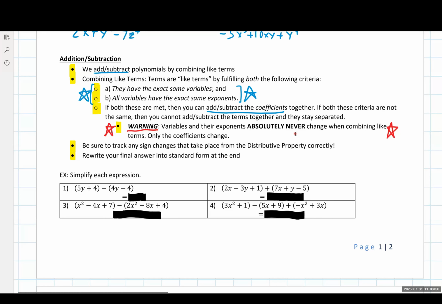Now, the last couple parts that are worth noting with this, and we'll see this with the examples as well. Make sure that you are tracking any and all sign changes that take place from the distributive property correctly. As we have seen, and you don't need to go down to the React and do the raise hand thing with this because I'm pretty sure we're all in a similar boat.